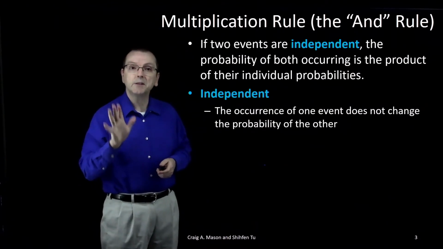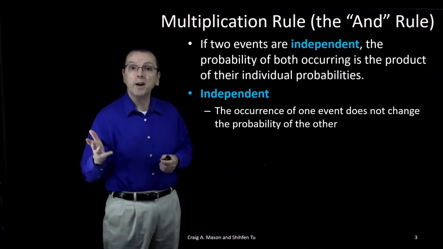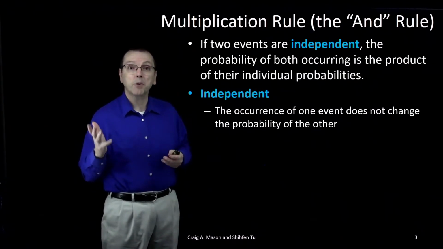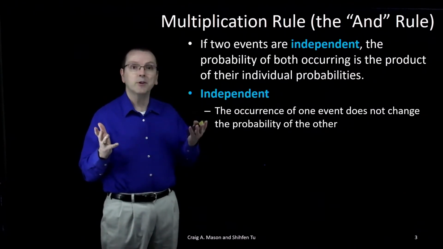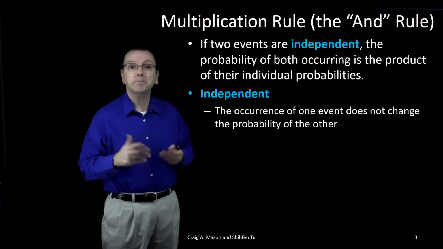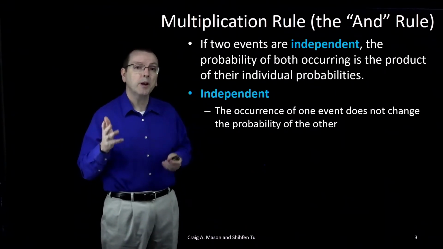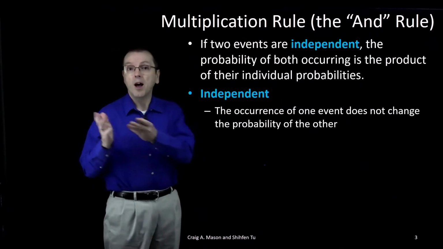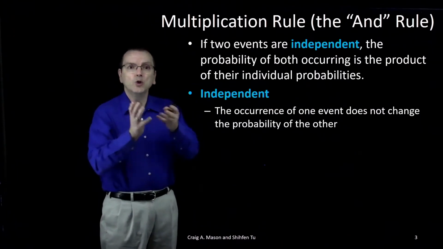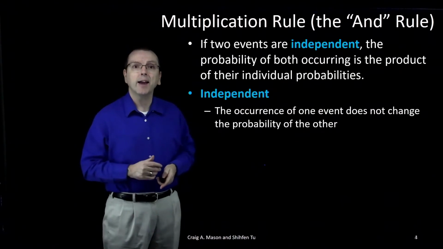For two events to be independent, it means that the occurrence of one event doesn't change the probability of the other event. Probably the easiest example is a pair of dice. If I'm rolling two dice, whatever number I roll on the first die has no effect on whatever number shows up on the second die.